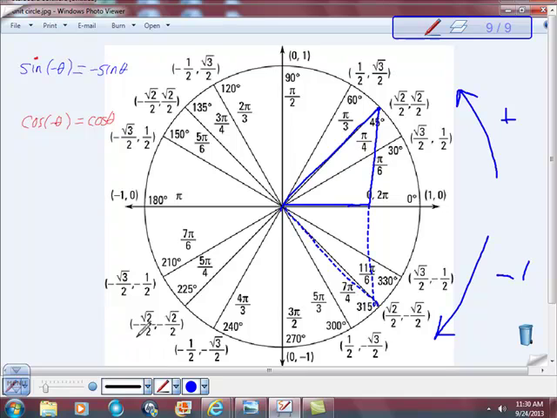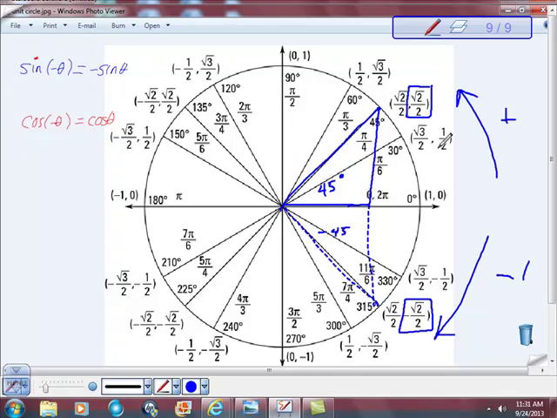So look at this just for a second. So we agree this is 45 degrees, or pi fourths, however you want to describe it. And if that's true, then this one is negative 45 degrees. Isn't it? So there are our two triangles. Well, look at the sine value. Remember sine is the y value when you're on the unit circle. And look, if I go straight down, if I go negative 45 degrees, look what the sine value is here.